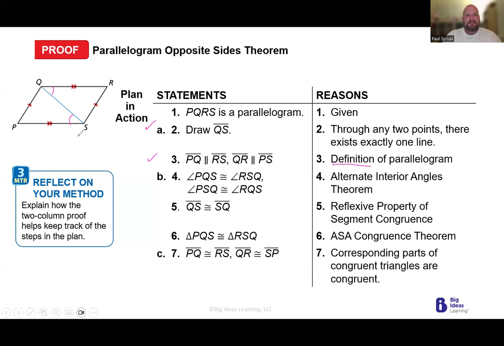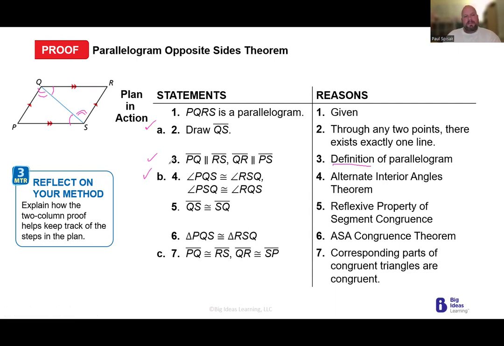RQS is going to be congruent to PSQ. And then the same thing on the other side. So we have another set of parallel lines, which gives us a second set of congruent angles. So again, I'm just marking them as we go. We're able to say that both sets are congruent there because of alternate interior angle theorem.